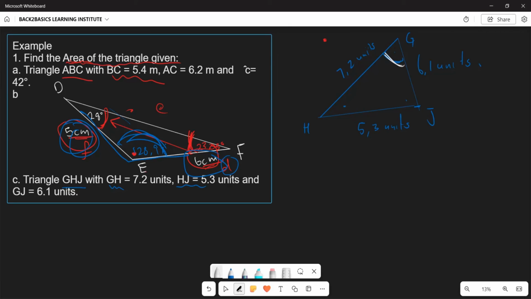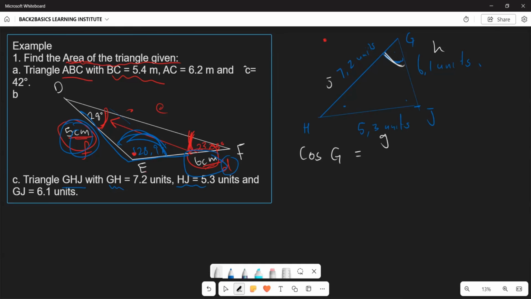So what is going to be the formula for angle G? Remember that for the cosine rule, this is cos of G, which is equal to the side H, the side J, and the side G, isn't it so?